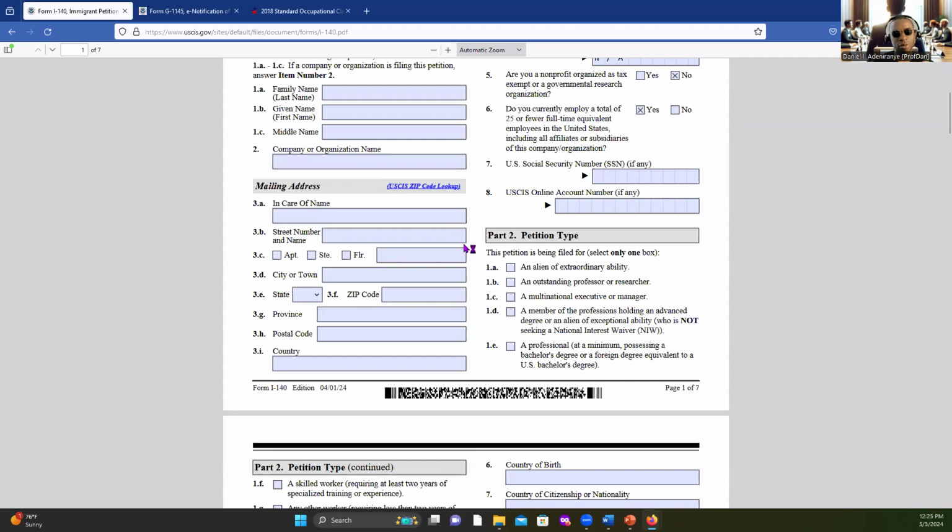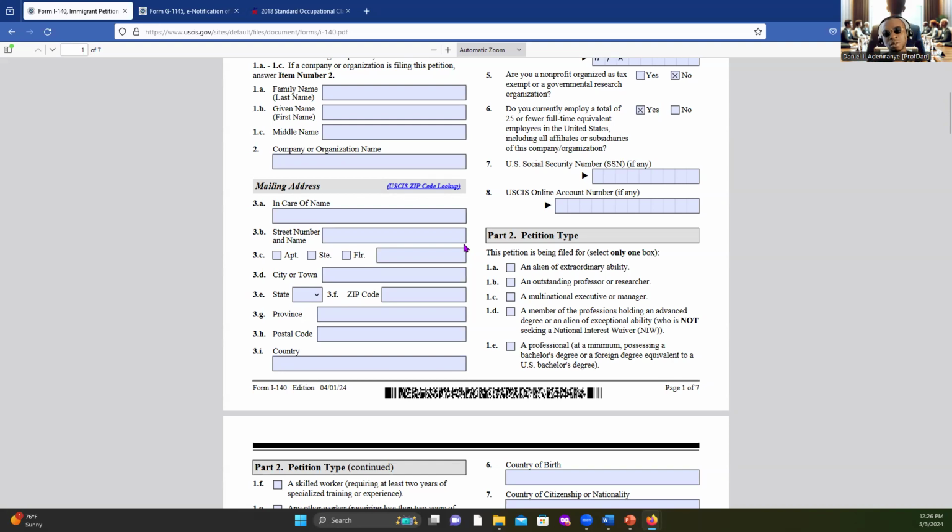If you are filing under the EB2 National Interest Waiver, NIW, whether as an advanced degree holder, claiming that you have at least a master's degree, or you have a bachelor's degree plus at least 5 years of work experience, you are still classified under the advanced degree holder.